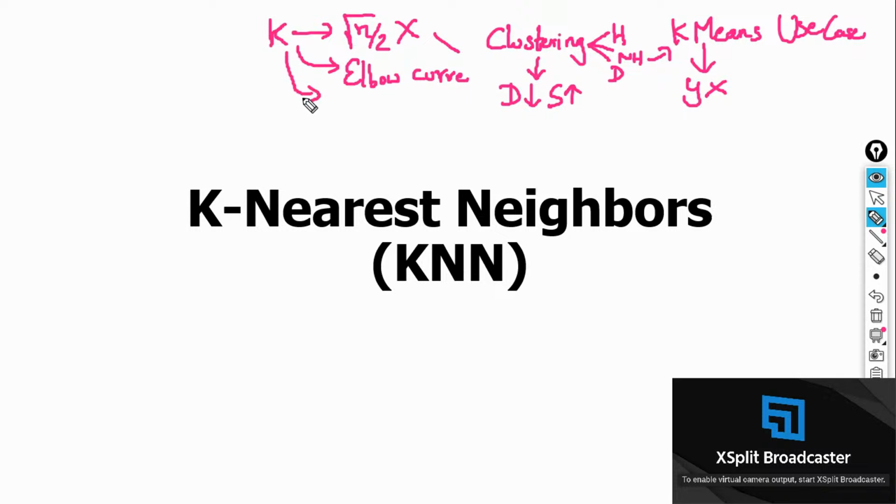Then what else? Domain knowledge, based on the project that we do. The project belongs to a domain, so based on the domain we can also comment on the number of clusters. If not, the customer's requirement.